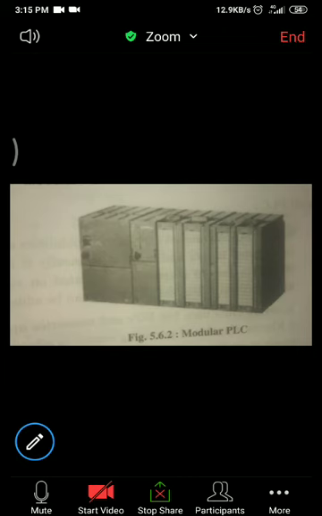By using the expansion slot, you can have input output up to 100, and it has memory ranging from 2 kilobytes to 10 kilobytes to store the user program. So a small PLC in modular PLC is nothing but less input output and less memory size to store the program.